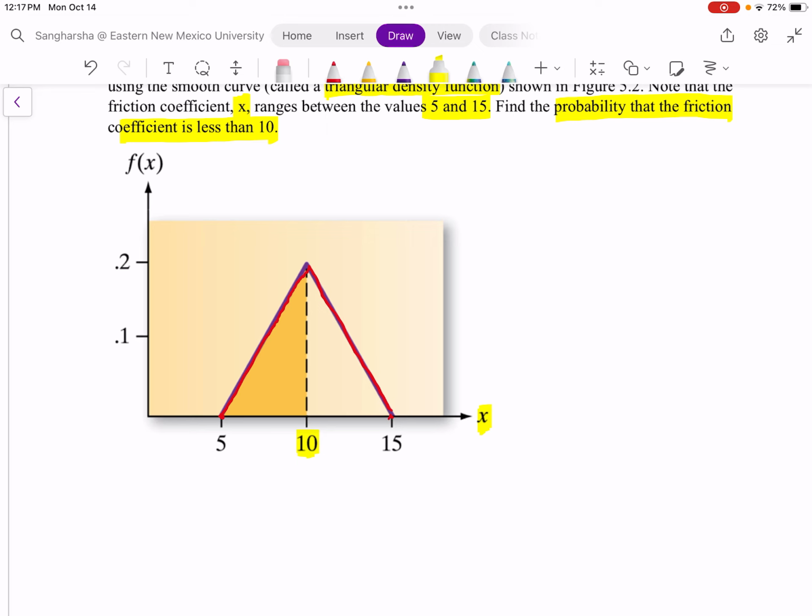Now we are finding the area under this region. We are interested in from 5 to 10. Your next target is finding the graph in this region, 5 to 10. So this portion of the graph, in between 5 and 10. Now our target is finding the area under this portion. It's already highlighted yellow.